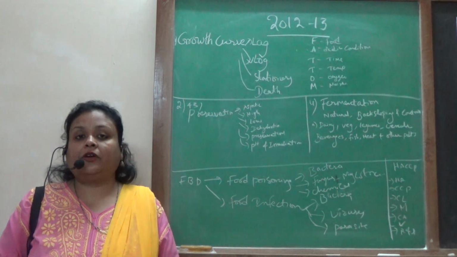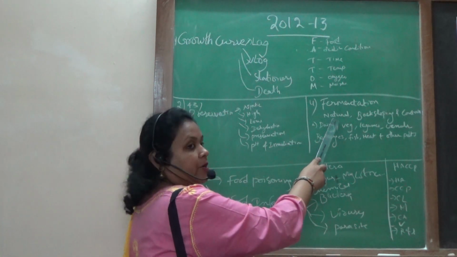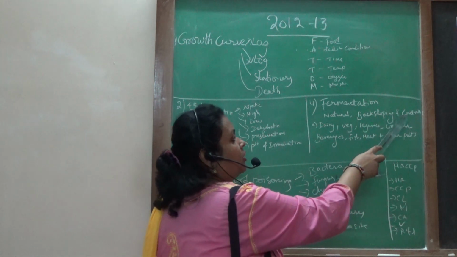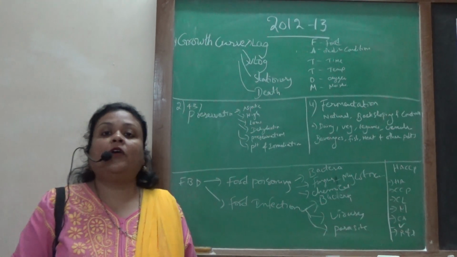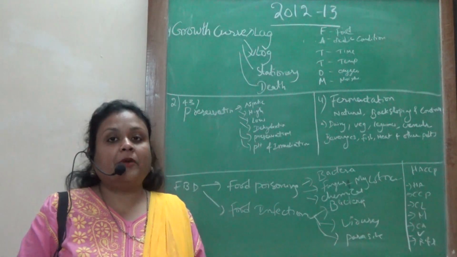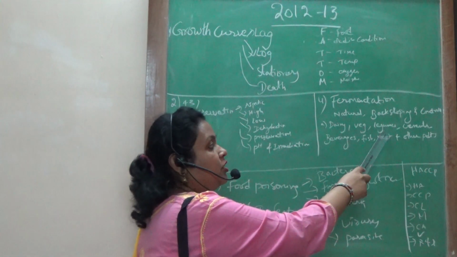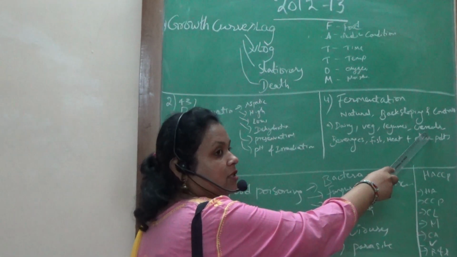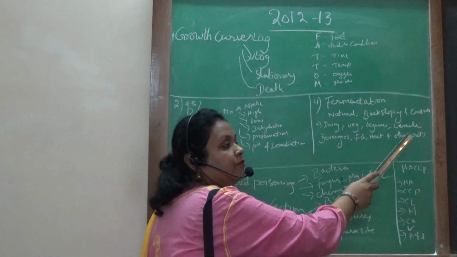When you talk about different kinds of fermentation, fermentation can be natural fermentation, backslopping fermentation, and controlled fermentation. This is further classified by various products: fermentation in dairy products, vegetables, legumes, cereals, beverages, fish, meat, and other fermented products.